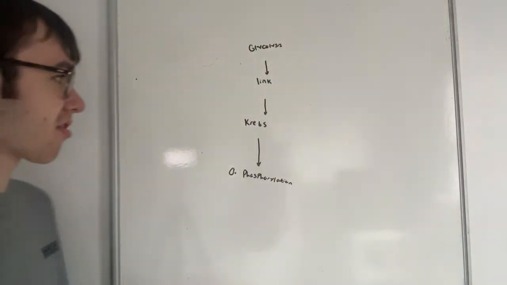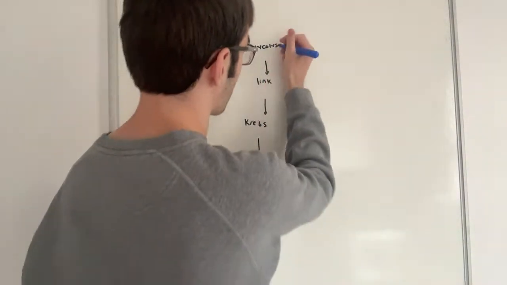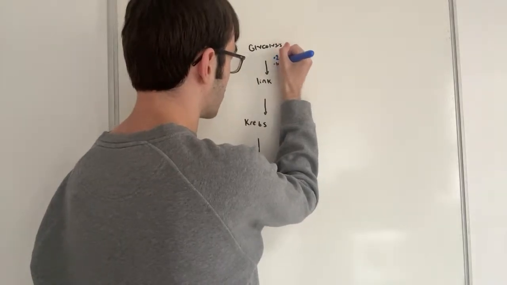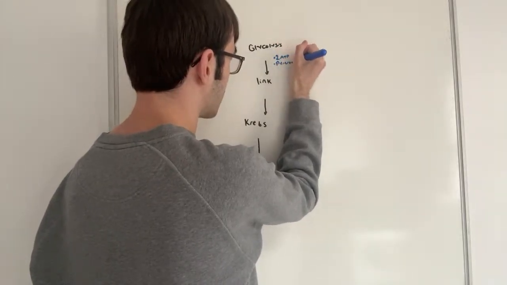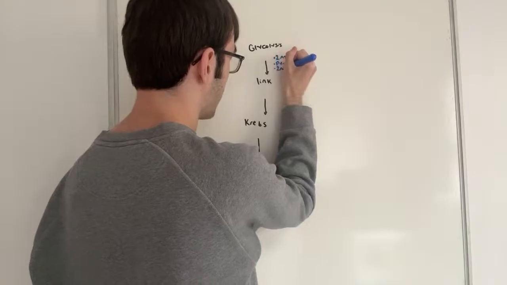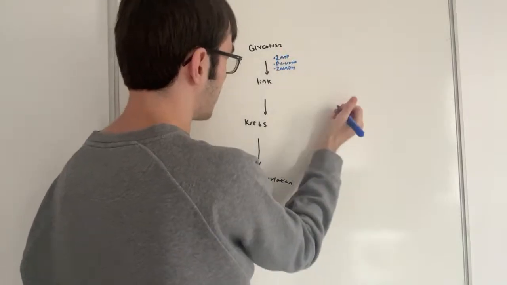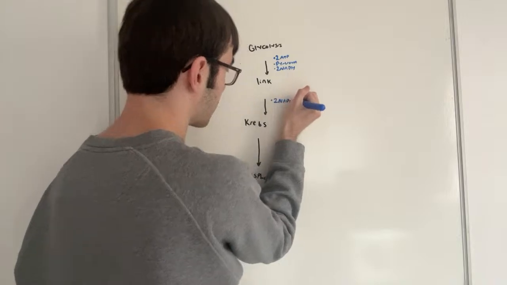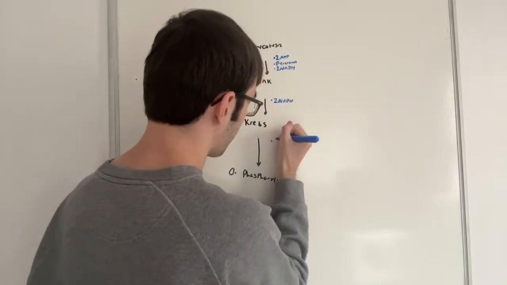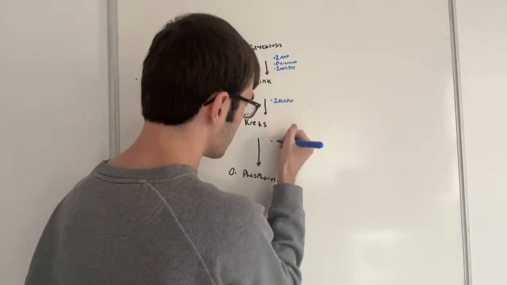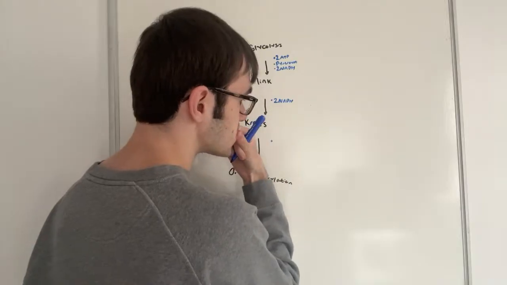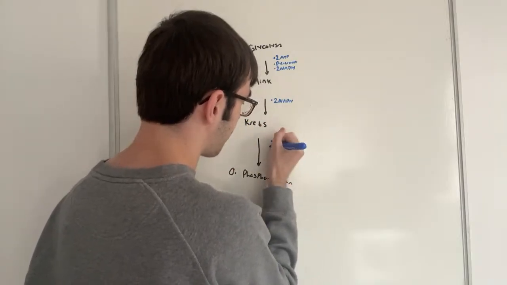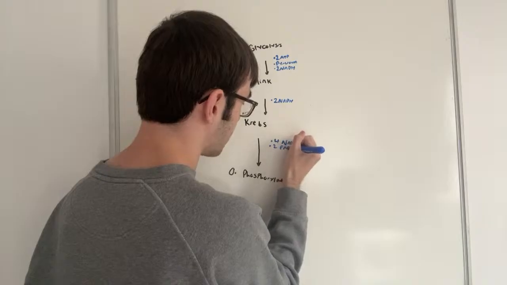Now, with these processes, glycolysis is going to be the net gain of 2 ATP. It's going to be pyruvate. And it's going to be 2 NADH. Link is also the gain of 2 NADH. Krebs, I think, is the gain of 6. I think it's the gain of 4 NADH. And the gain of 2 FADH.